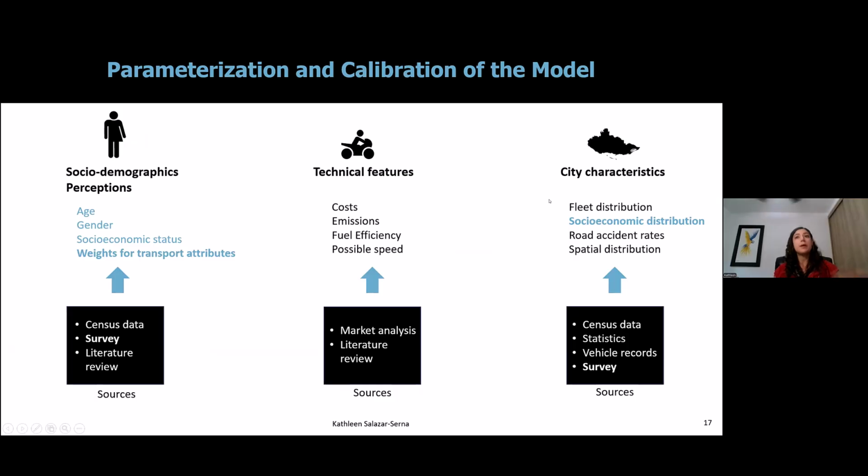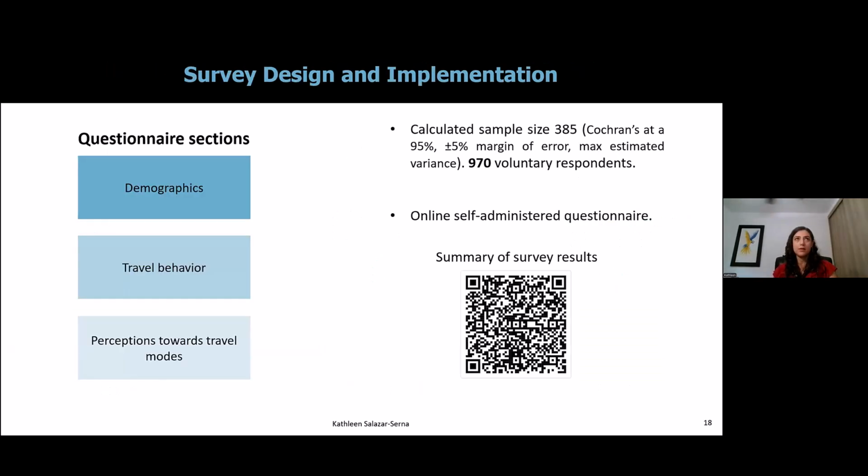And also the environment, in this case the city, has some attributes that we needed to include in the model. And here we have different sources of information to parameterize these variables, but one that is very important for us is the survey that we designed and implemented in the city.